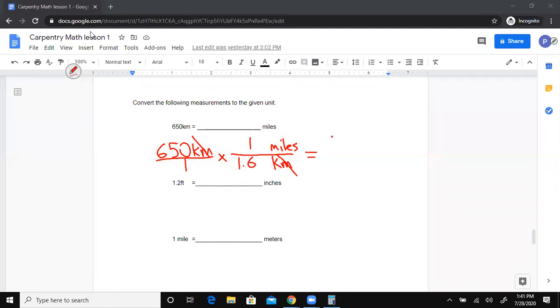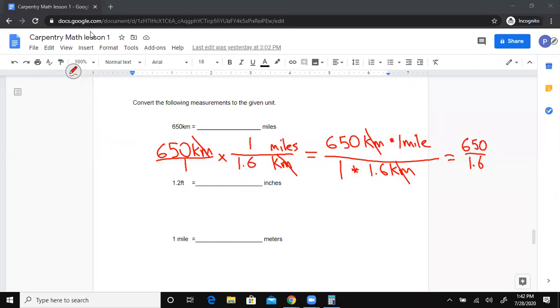This is equal to 650 kilometers multiplied by 1 mile, and all of that is over 1 multiplied by 1.6 kilometers. Kilometers divided by kilometers is 1. We're left with just units of miles, and all we have left to do is 650 divided by 1.6, in miles.